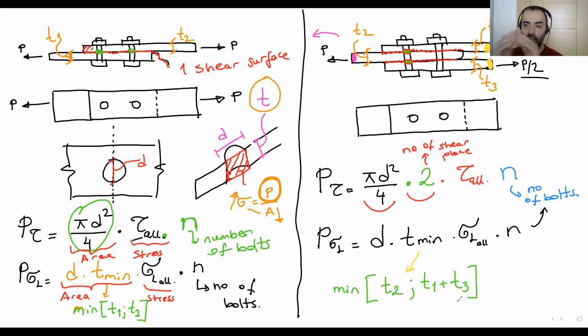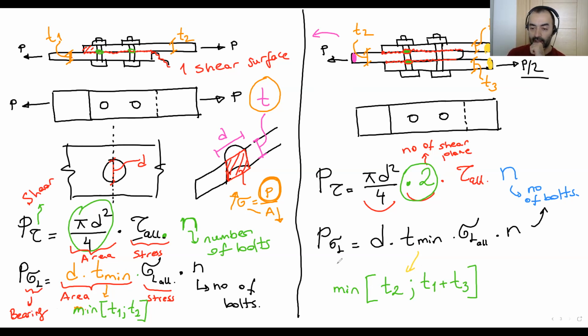If we have 3 plates, that means we have 2 shear planes. We consider 2 to take into account the number of shear planes. And also for the bearing stress, this is for shear, let me write bearing. This is shear, this is bearing.